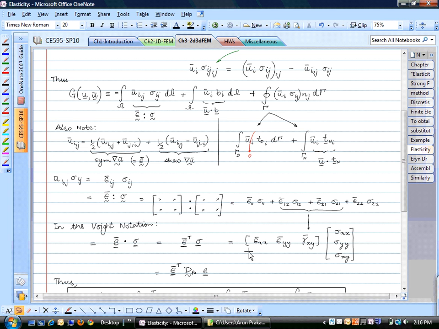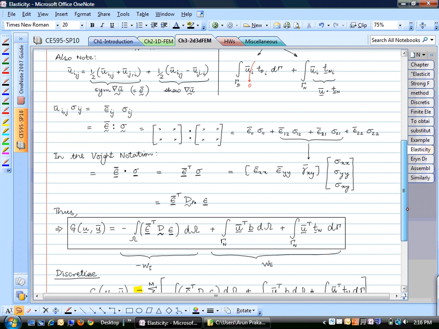Okay, if we do that, we want to find this quantity in terms of the vector transpose times sigma. So this is the virtual strain, and note that the off-diagonal terms of the strain have already been doubled, because we need to calculate this quantity. So we have the virtual strain times the real stress. That is going to give us a scalar back. Okay, and if you use this Voigt notation, you can express your weak form like this.